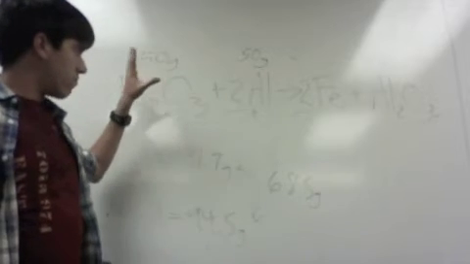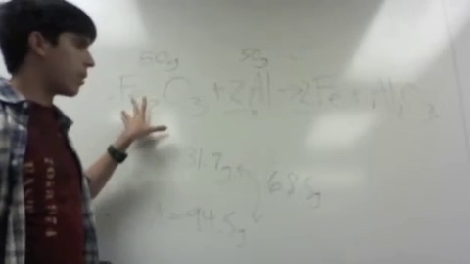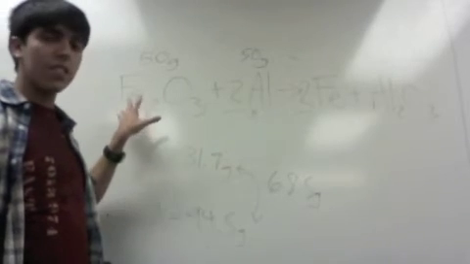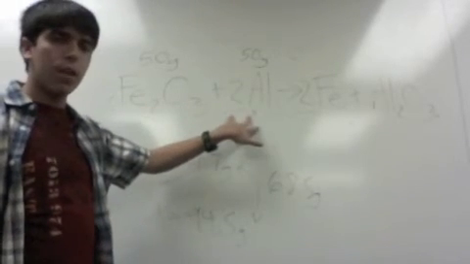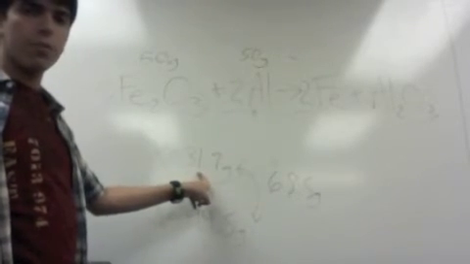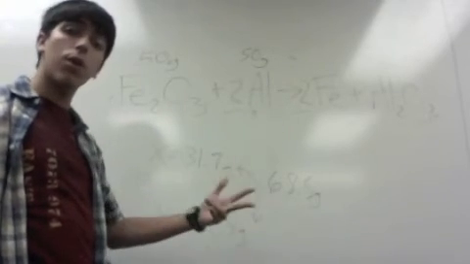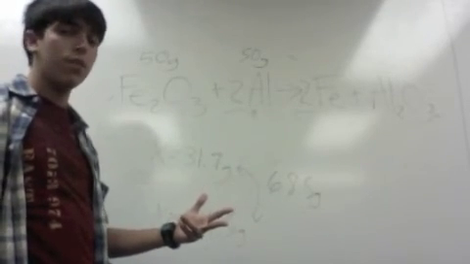Since only 50 grams of ferric oxide were used, which were about 0.313 moles, it wasn't enough for all of the aluminum to be consumed. So only 31.9 grams were produced. So had we had enough, 68.5 grams more of aluminum oxide would have been produced.